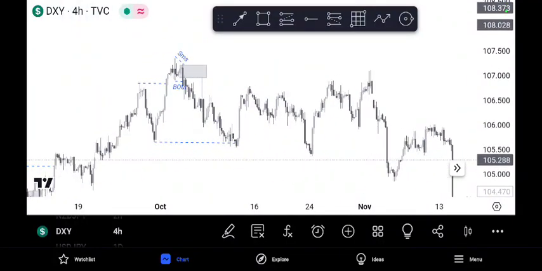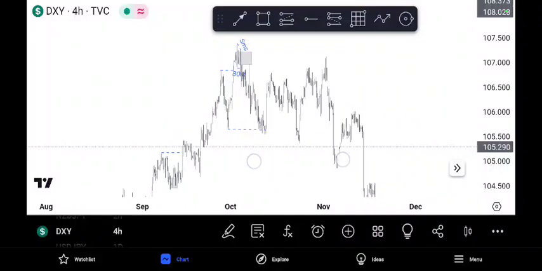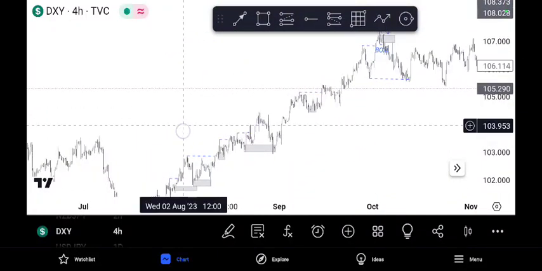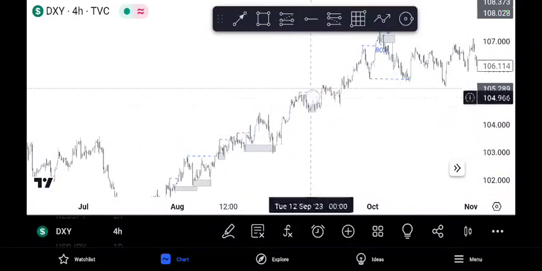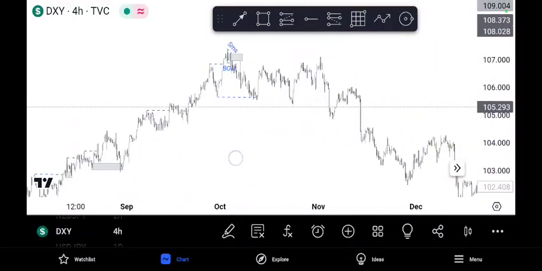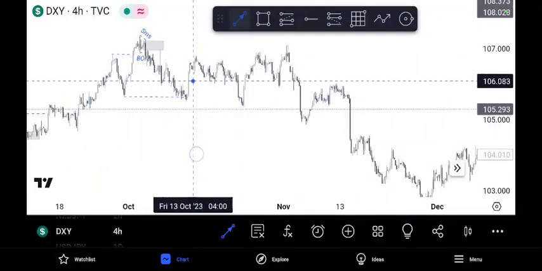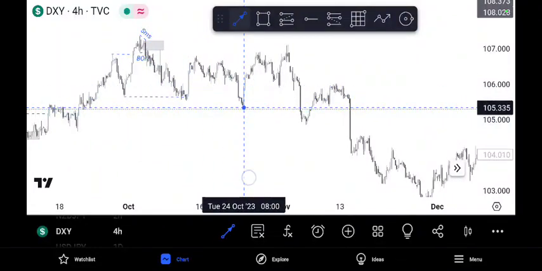So the structure changed from here. Every other thing that happened here was repeated exactly with this same point, exactly with all these points. If we start labeling and marking out structure, we're going to see that every exact thing happens here. BMS to the downside.